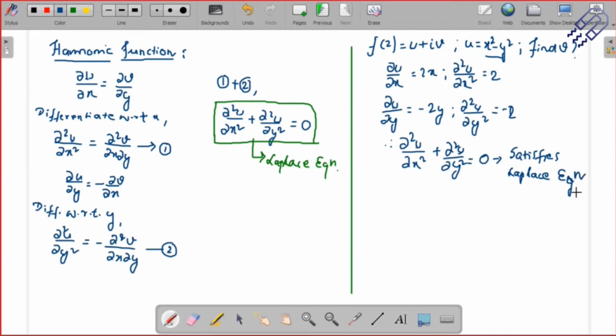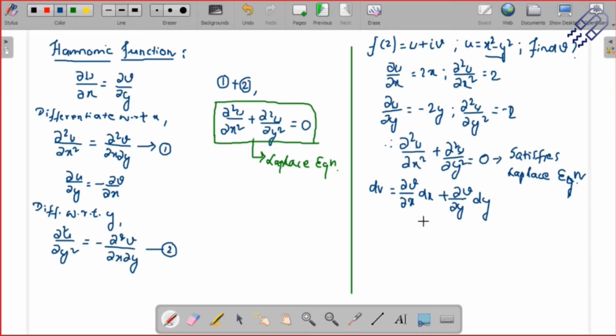We are going to take up the typical idea of differentiation here. So we know dv, and dv is also a function of x and y. So it can be written as del v del x dx plus del v del y dy.